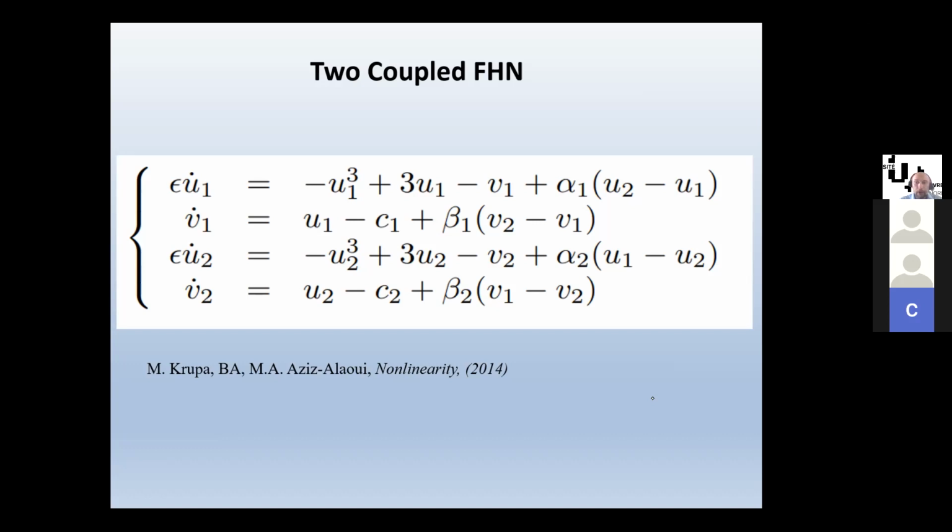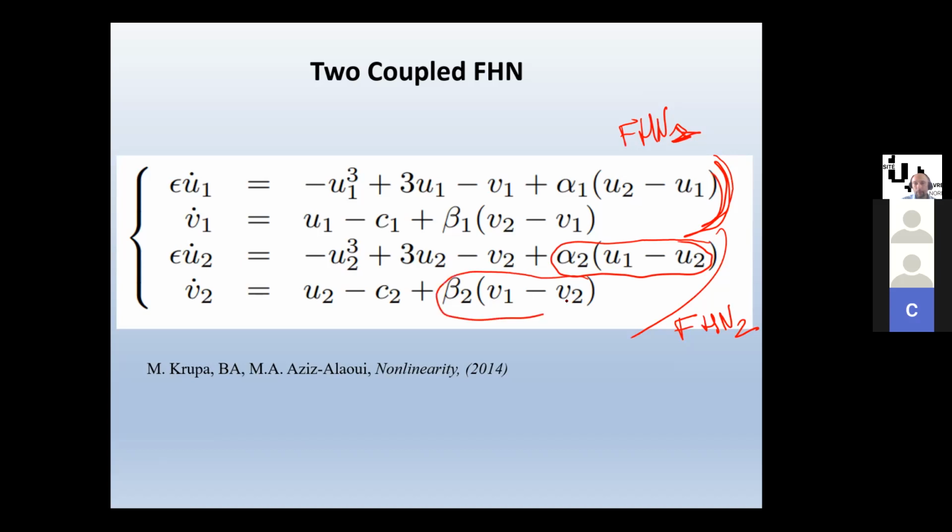So here you have two, so one FHN and the other one, and they are coupled. Those are the coupling terms. So here you have two nodes, node 1, node 2, and they are coupled by these terms, right?